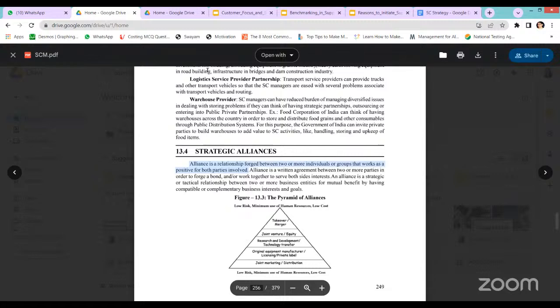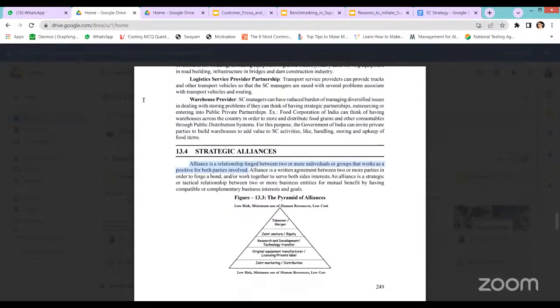In an alliance, two or more individuals or groups work for the positive benefit of both parties. The agreement between the parties in an alliance is to forge a bond and work together, to serve both sides' interests. So an alliance is to work together and to serve the benefit of both sides. Okay.